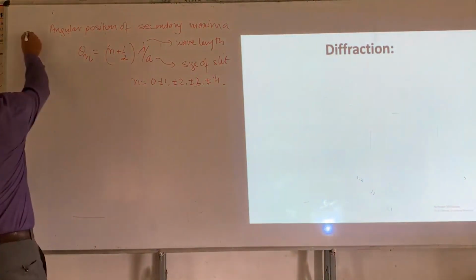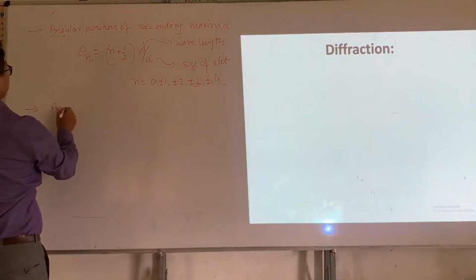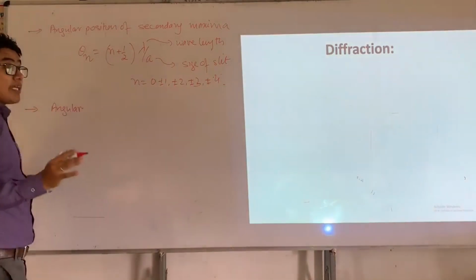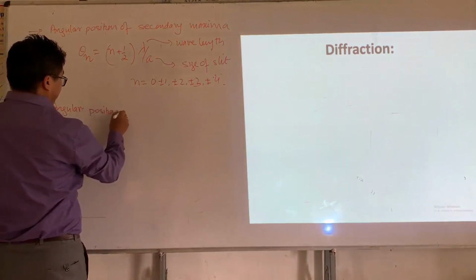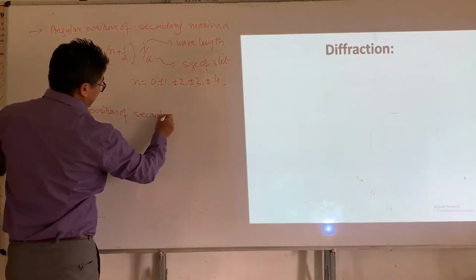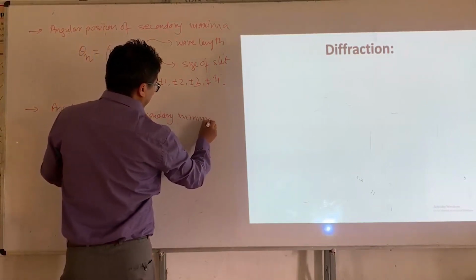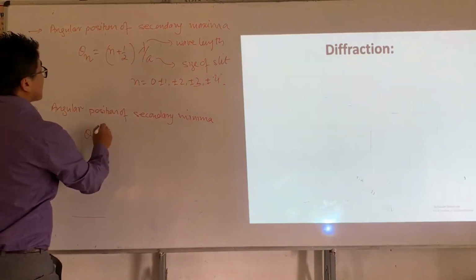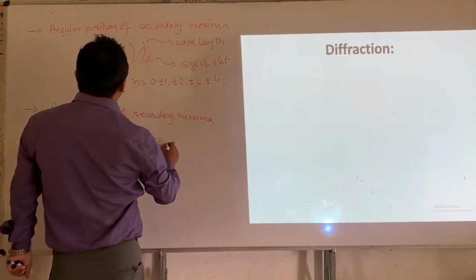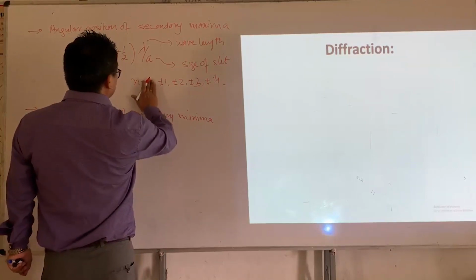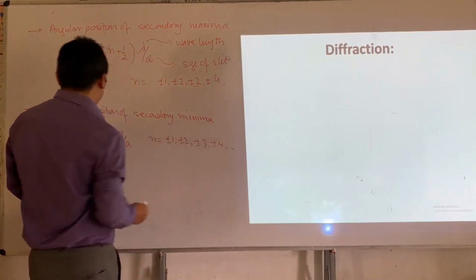And then, what about this? Again, I say that the angular position of secondary minima is given by, and later I will prove it to you. The angular position of secondary minima would be, n is going to be 1, let's say 0, 1, plus minus 1, plus minus 2, plus minus 3, plus minus 4, and it goes on.